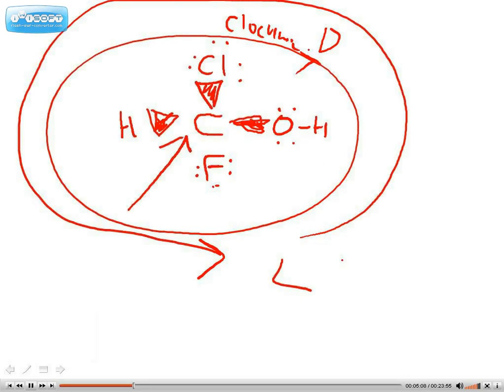L you can think of as counterclockwise. So we want to know, are each of the groups around there orientated in a clockwise or counterclockwise direction, which we summarize as D and L spatial orientations.